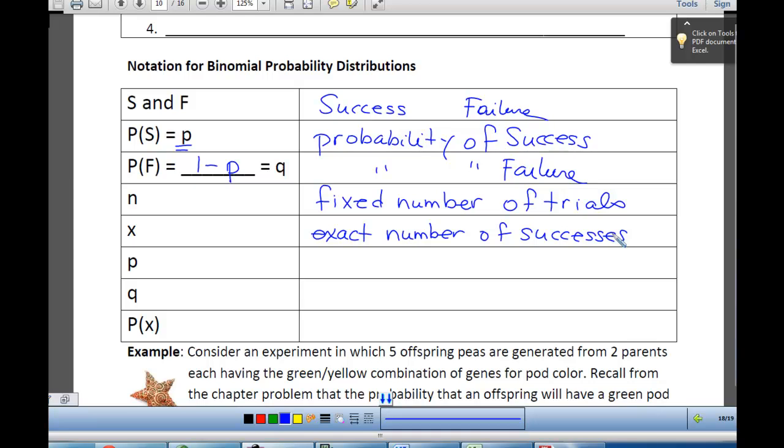Lowercase q represents the probability of failure. And then probability of X is the probability of exactly X successes. Okay. All right. So let's take a look at this example.